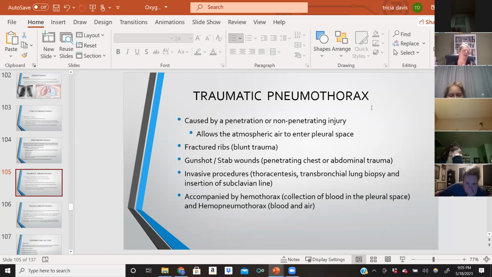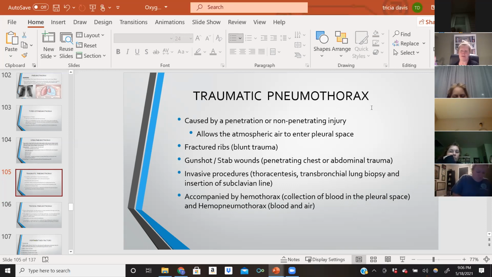You would see these with any kind of blunt trauma, fractured ribs, if you're in a car accident, if you have a fall and your ribs become fractured, gunshot wounds, stab wounds, these are penetrating chest or abdominal trauma. Any kind of invasive procedure, thoracentesis, a transbronchial lung biopsy, if we put in a subclavian line. That's why we always do x-rays after we do these procedures, to make sure that the lung is still intact and we haven't caused a pneumothorax.